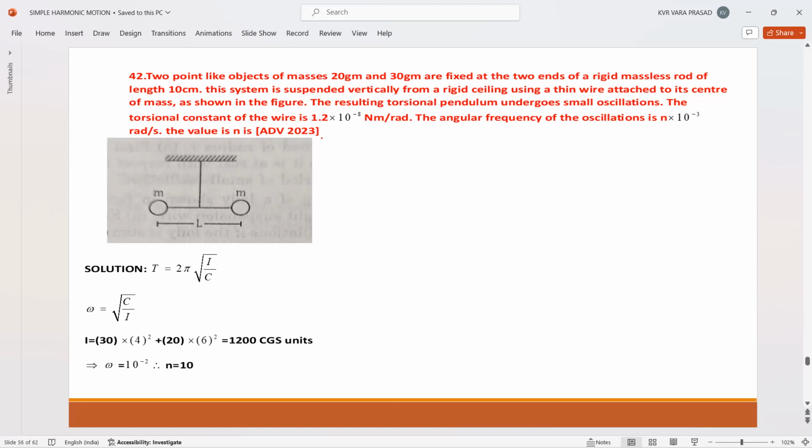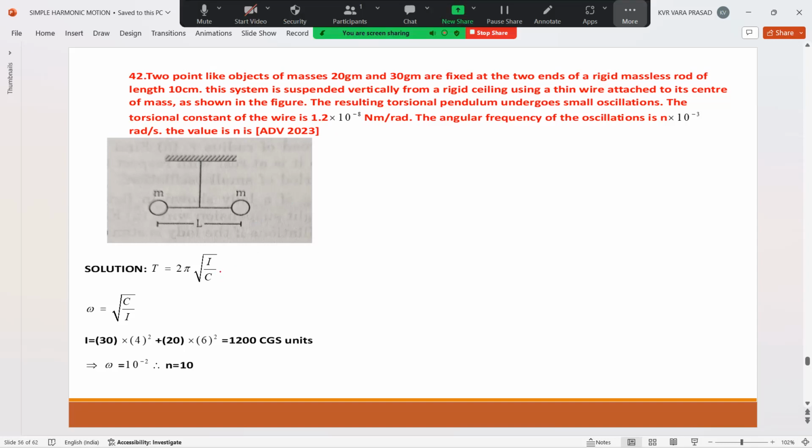So it is a very simple question. We know time period is 2 pi root I by c. Now you are given angular frequency, so omega is root of c by I. The value of c is given. So we have to calculate the I value now.